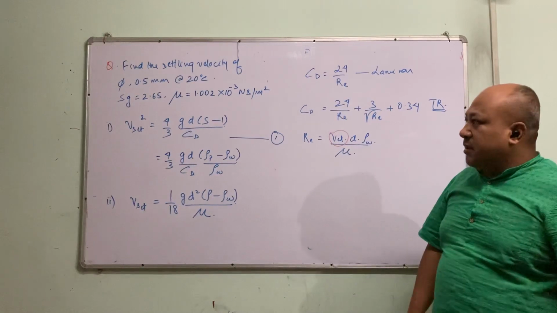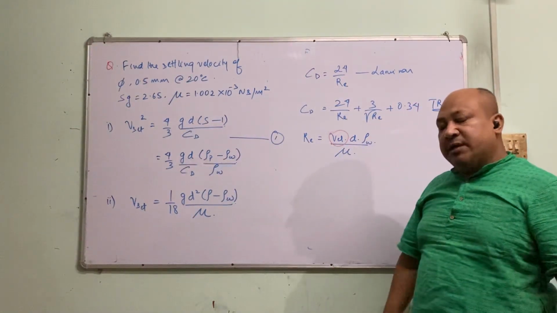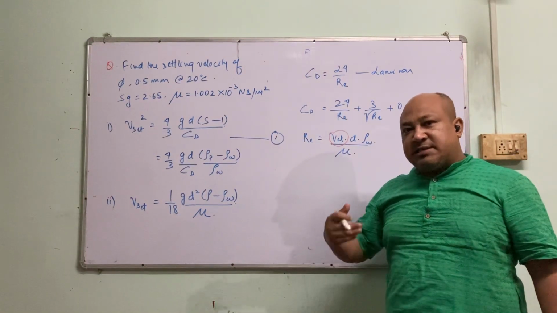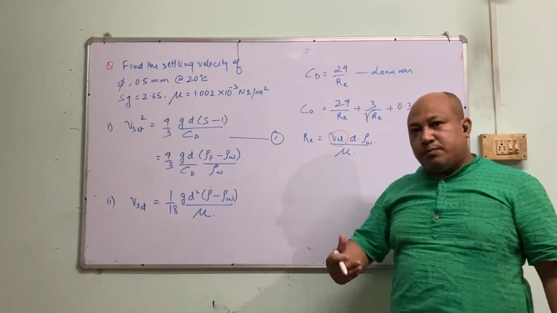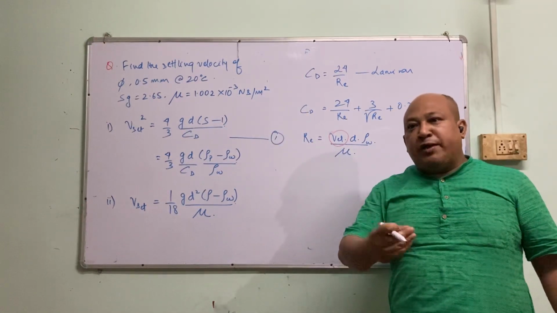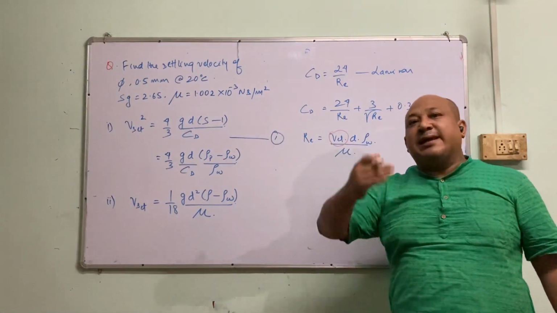So to find the settling velocity, we have to know the velocity again. It is never ending, it is cyclic. It's a loop. To find 1, you have to find 2. To find 2, you have to find 10. To find 10, you have to find 12. To find 12, you have to find 1. So it's cyclic like a clock.